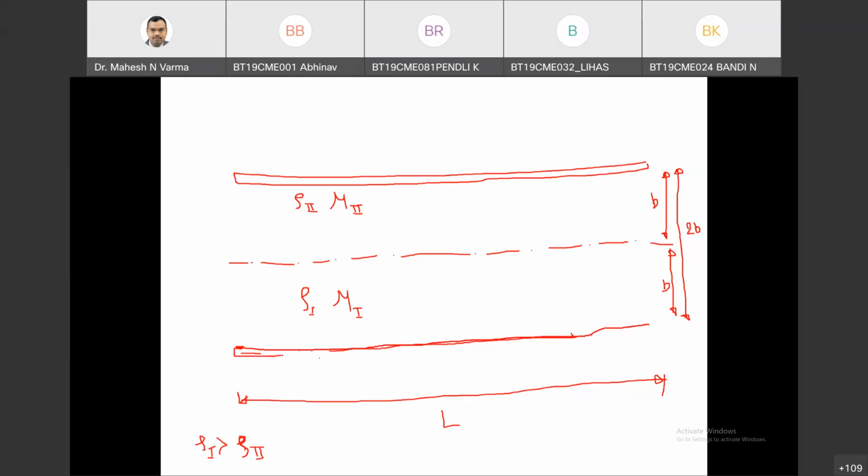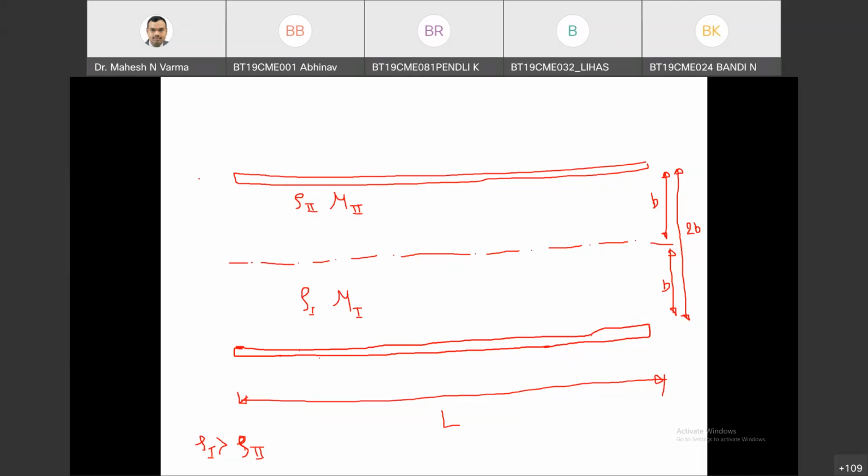Yes. So here, which coordinate system will be suitable for you? Cartesian coordinate system. So where will be the origin?